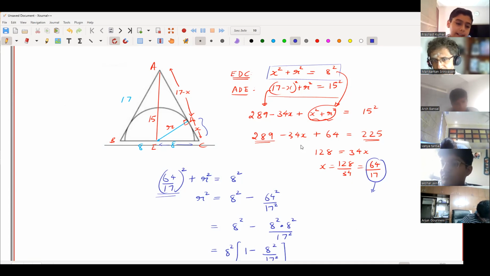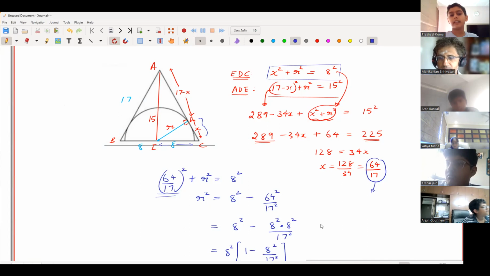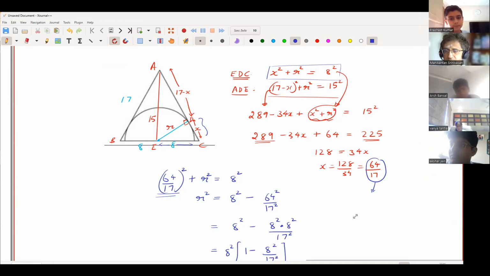And in the big triangle, the hypotenuse is 17. Now, what do you divide 17 by to get 8? So you divide 17 by 8, simplified as a fraction.